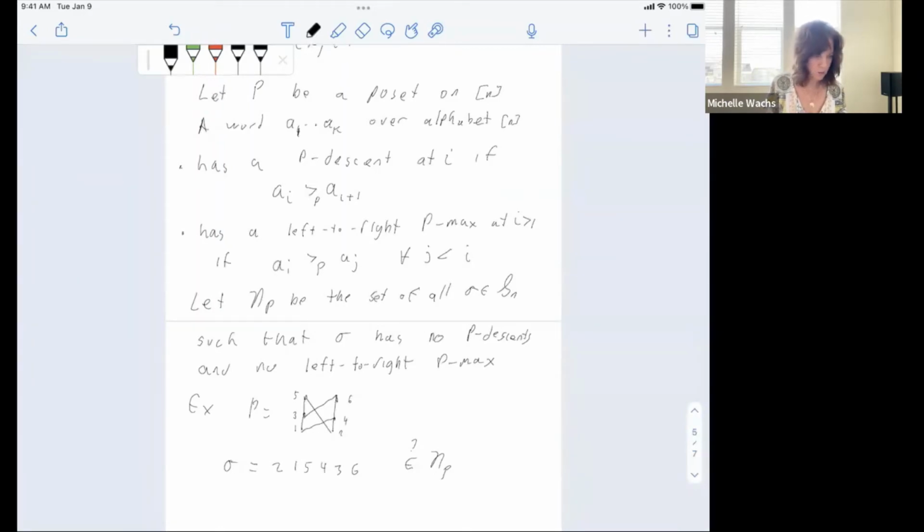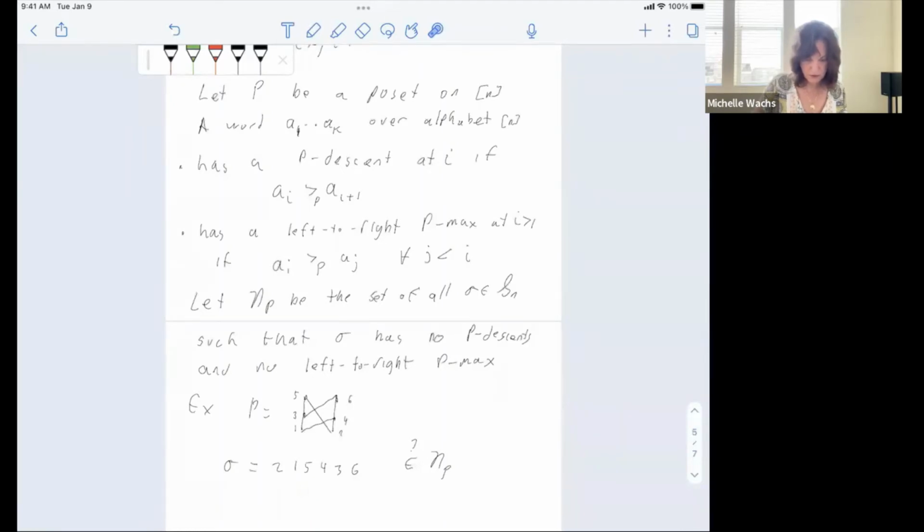And so what about the second condition, that it has no left to right P maxima? Well, 1, 5, we come to 5. That is a P maximum because 5 is bigger than 1 in the poset, and 5 is bigger than 2 in the poset. So 5 is bigger in the poset than all the previous letters of the word.